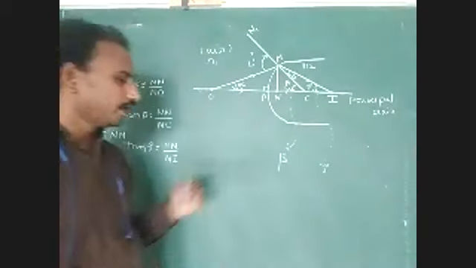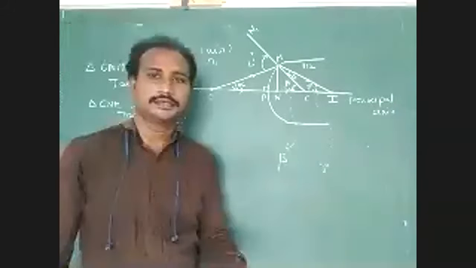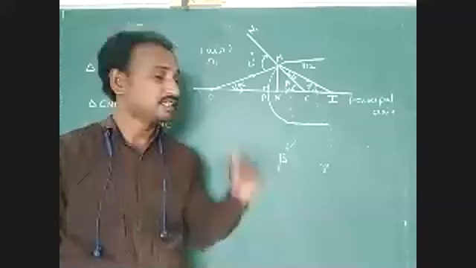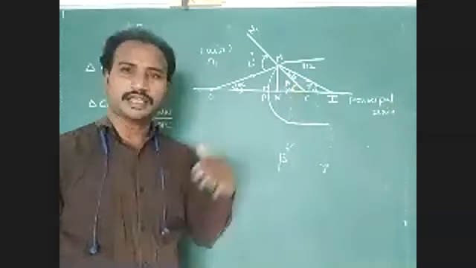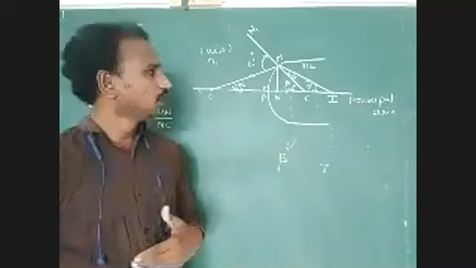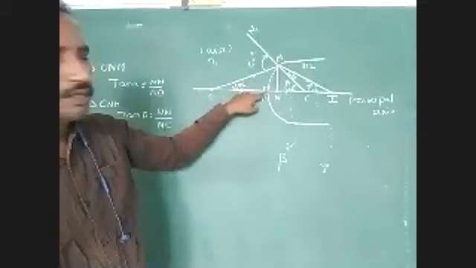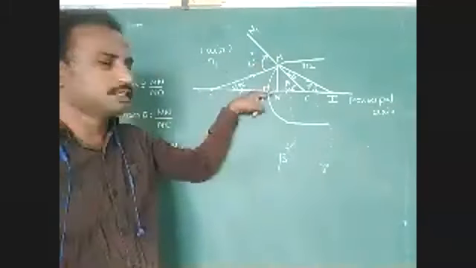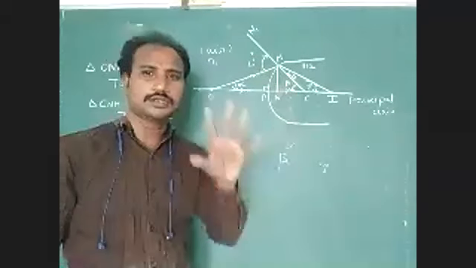Next, we have to consider that these angles are all small angles. Which angles? Alpha, beta, and gamma. How do we get small angles? The position of the incident point is near the principal axis, so all angles are almost small.